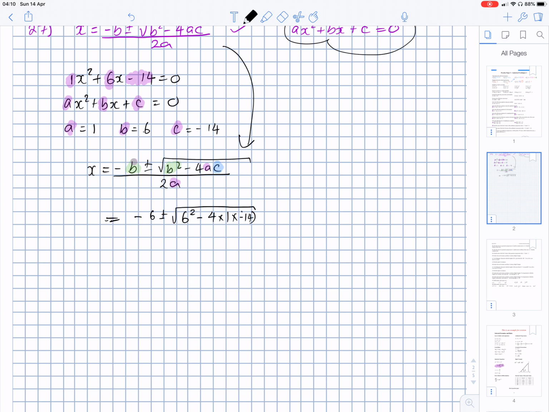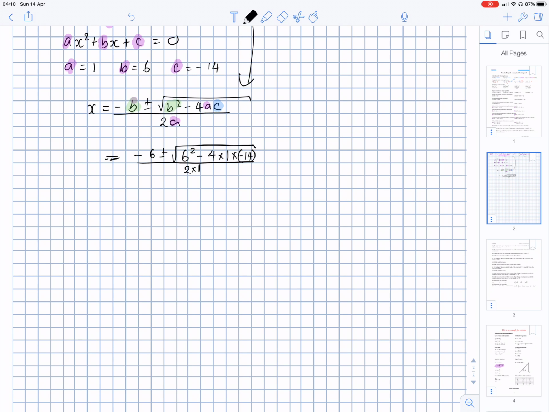Now we can put this in a little bracket, just so that we know that there's a negative sign here, and then 2 times 1, because a is 1. Now, if you have a negative c, this negative becomes a plus because you're multiplying two negatives.